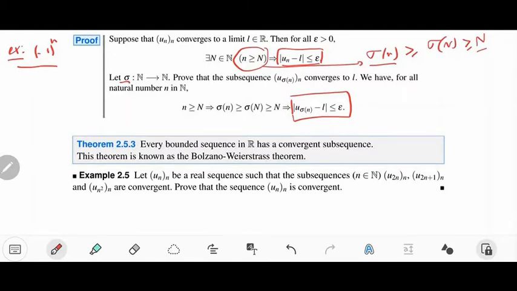Here we have a very specific selection, which is the subsequence with odd indices, with even indices, and with the square indices. Of course, they are good definitions of subsequences, because 2n is a strictly increasing mapping from n to n, and n plus 1 as well, and n squared as well.